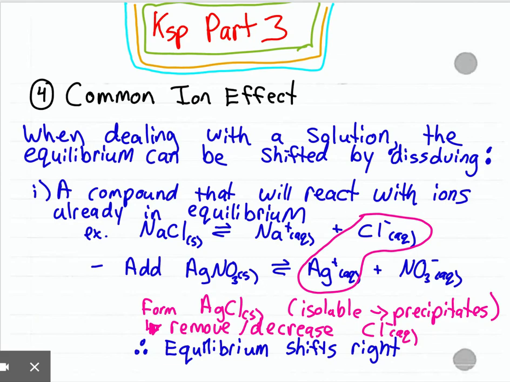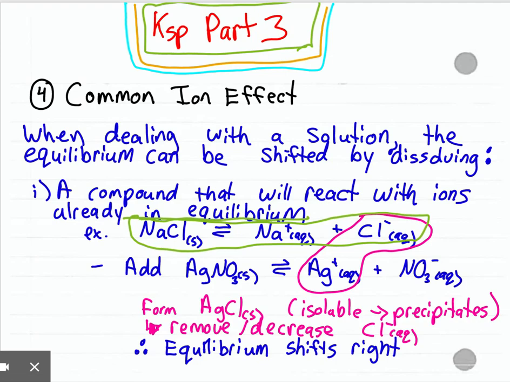In my example here, I have sodium chloride solid, and it is in equilibrium with a sodium ion and its chloride ion. I'm just going to remind you that we have sodium chloride solid in equilibrium with its sodium ion and chloride ion.